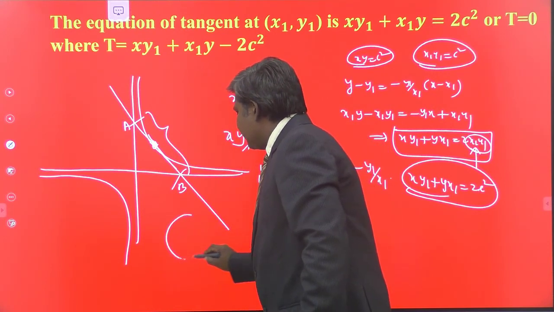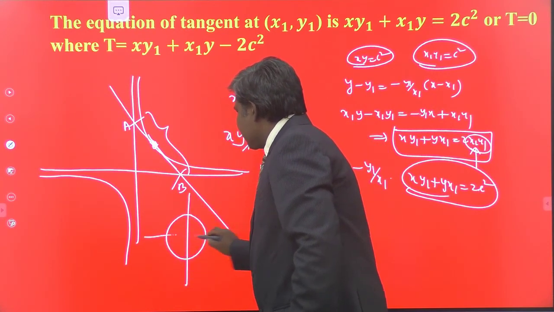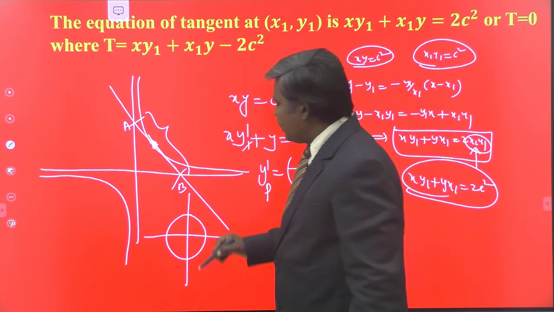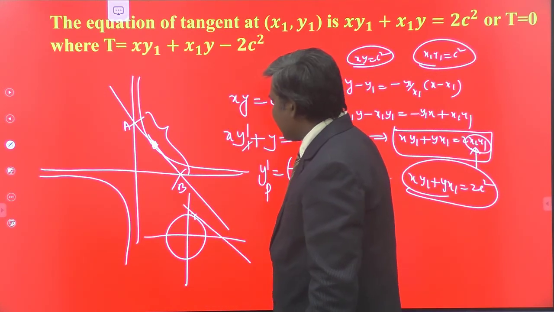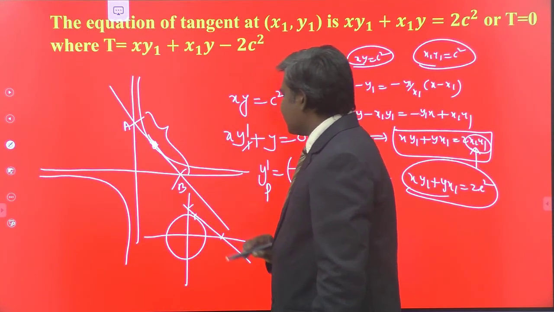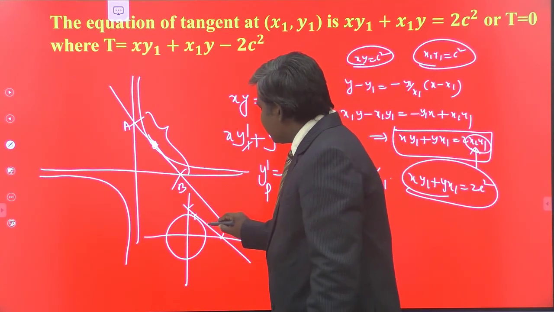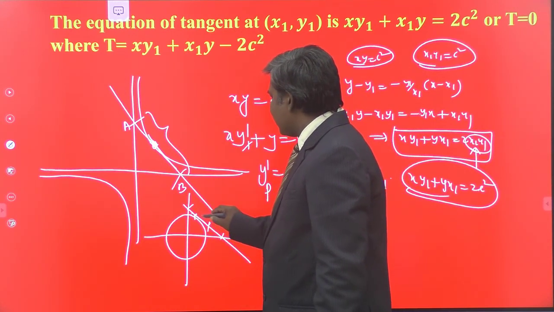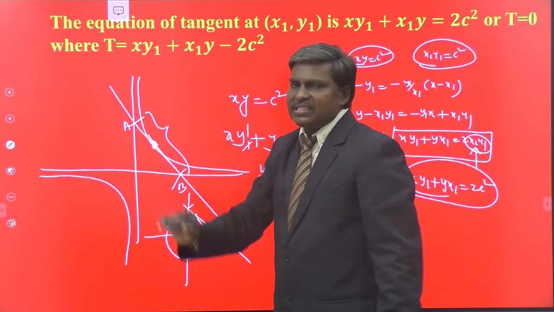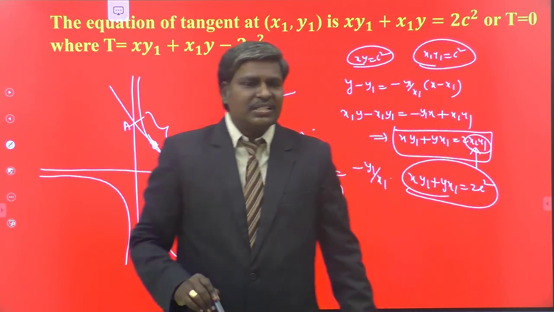Suppose this is a circle, x square plus y square equals a square, with these coordinate axes. If you draw the tangent at a point, this is the portion of the tangent intercepted by the coordinate axes. Its midpoint is somewhere here, and this is the point of contact. These two are different. But in the case of xy equals c square, both are the same.